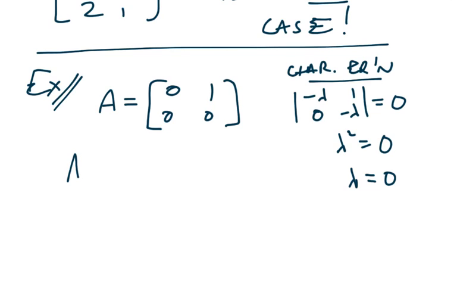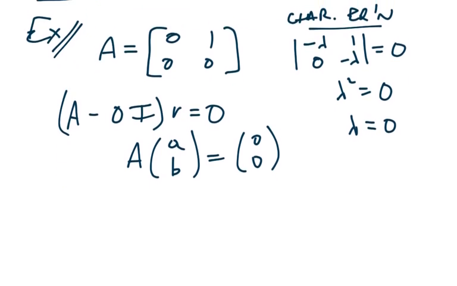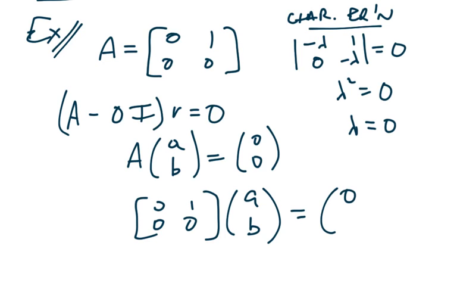So if we look at A minus 0 times the identity, times v equals 0, this is telling us that A times some vector (a, b) should be equal to the 0 vector. Here I'm just checking to calculate the eigenvectors. So 0, 1, 0, 0 times (a, b) should be 0, 0.